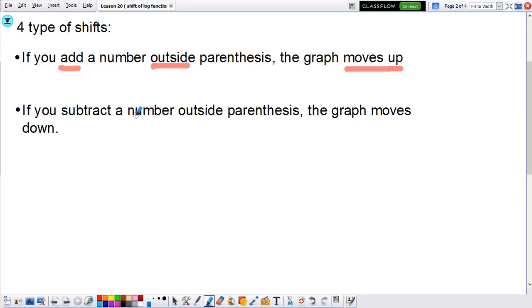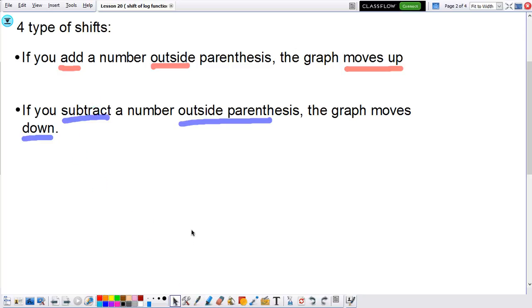Just like it was shown in the presentation, if you subtract a number outside the parentheses, the graph is not going to move up, but it's going to move down. So just keep that in mind. If it's outside, we either move up or down. We move up if you add, we move down if you subtract.